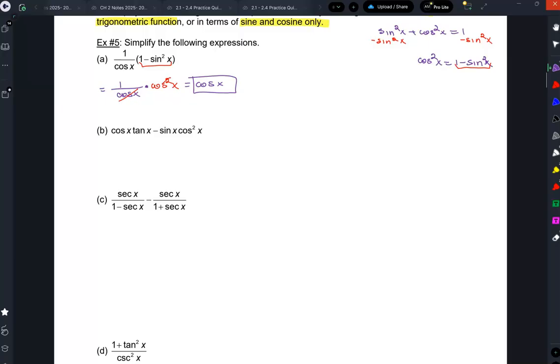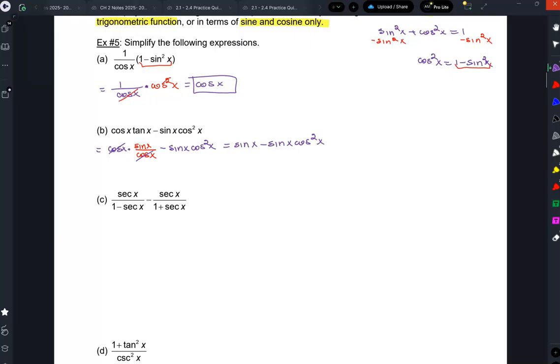It's a tangent. So why don't I start with writing this as sine x over cosine x minus sine x cosine squared x. Now, these reduce, right? So I have sine x minus sine x cosine squared x.